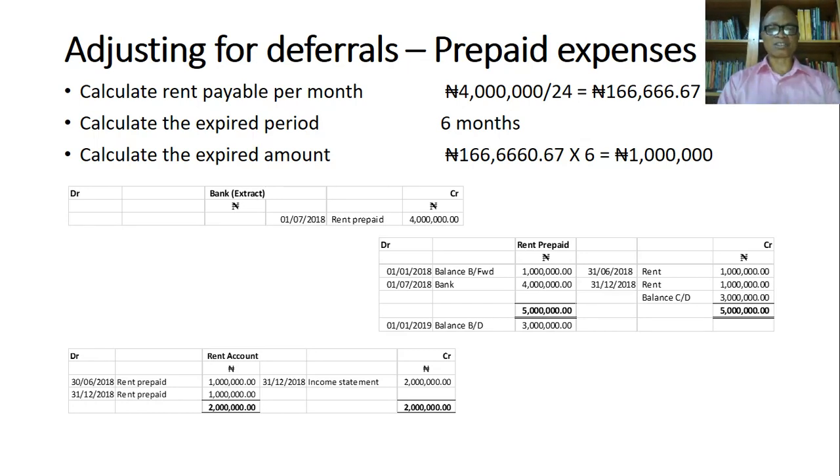So there is need for an adjustment to be made, and we have identified the different types of adjustment. We'll talk about the first category as accruals, and then the second one as deferrals. The next one, which is other adjustments, will be discussed in the next lecture.